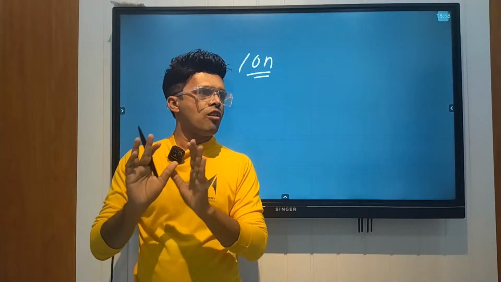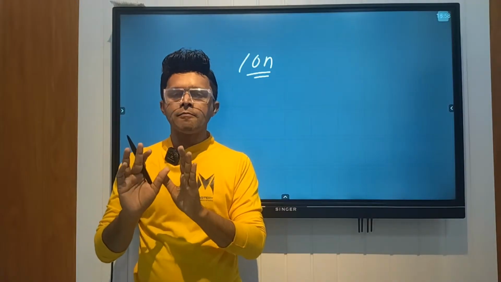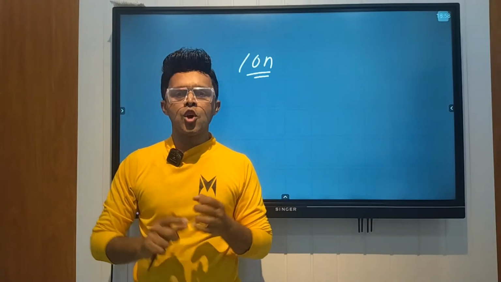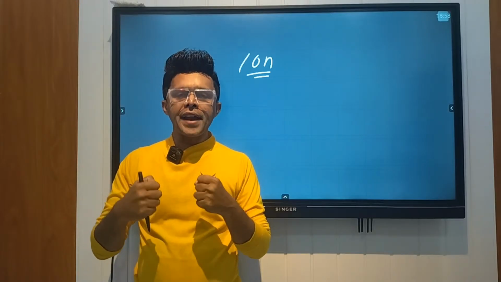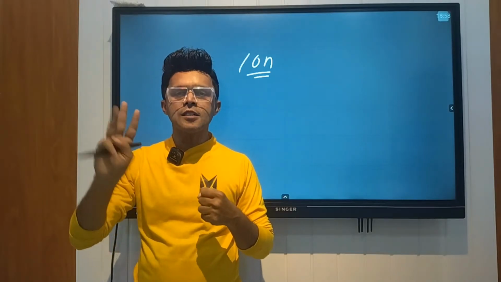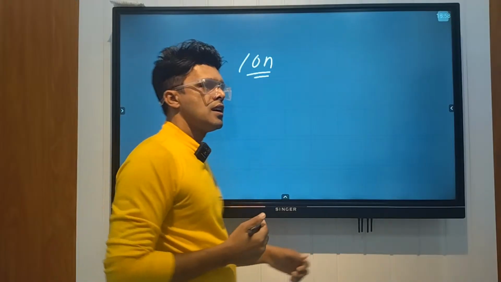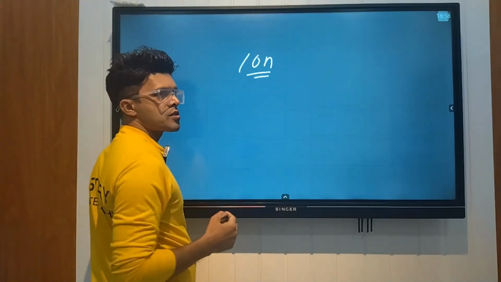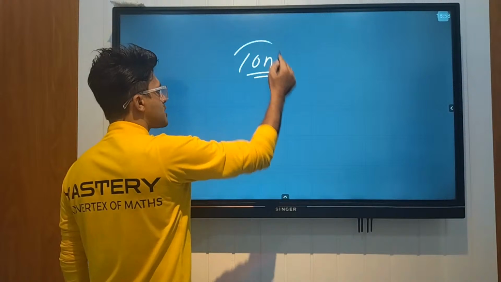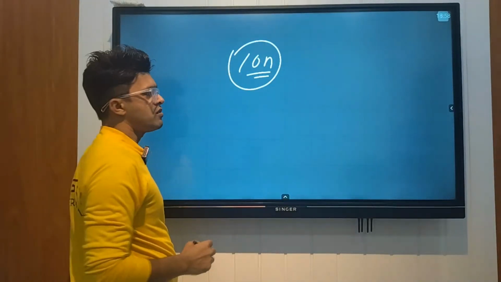The general term of a number pattern is 10n. You need to find the first 3 terms of this number pattern. How can we get the first 3 terms of this number pattern? This general term has been given, 10n.